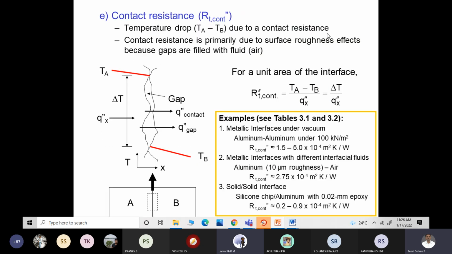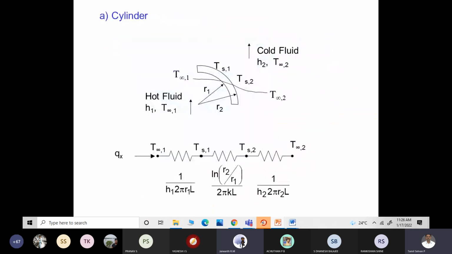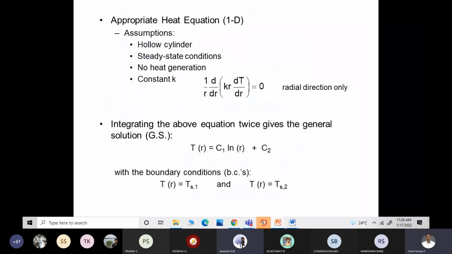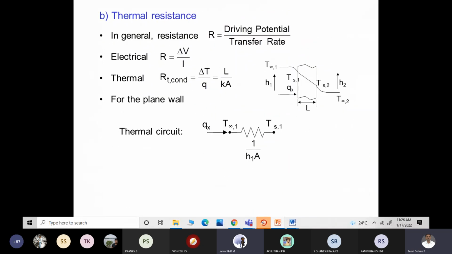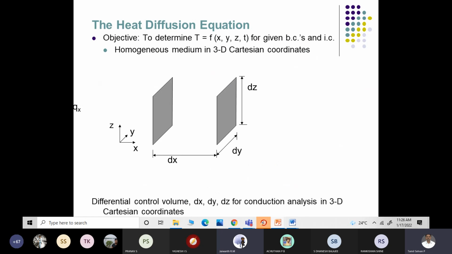Similarly here also, that is for composite wall. In case of composite cylinder, the basic assumption is steady state condition, no heat generation, and the final one, constant thermal conductivity in all the three directions. I told you this particular point in the very first class. You have to relate all those things.